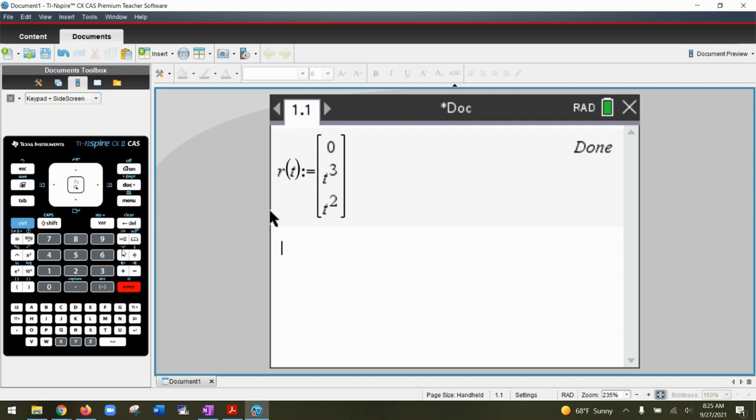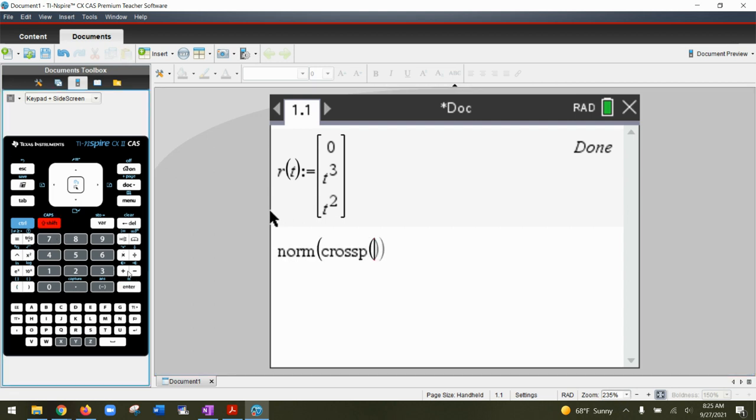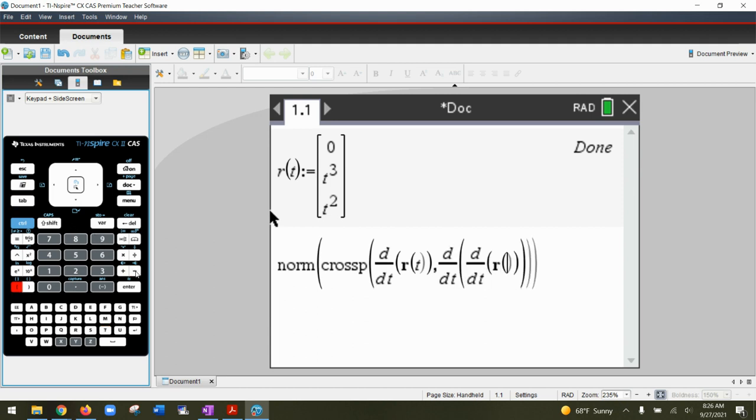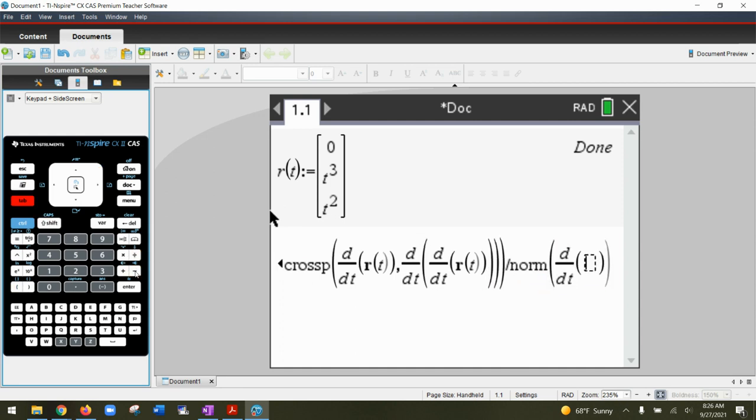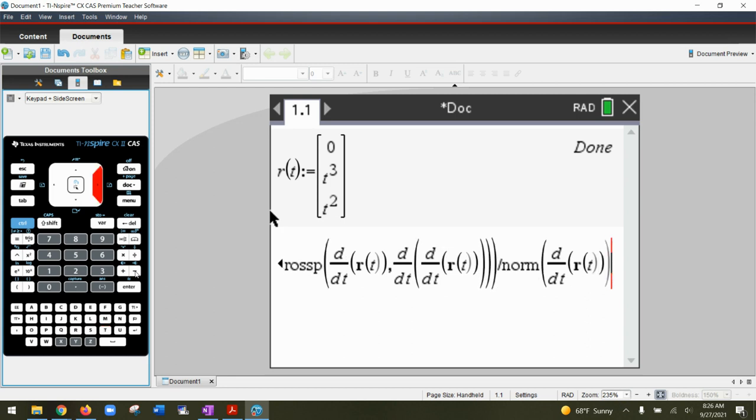And then for curvature, we're going to do the magnitude of the cross product of r prime of t, second derivative of r of t, all over the magnitude of r prime of t cubed.